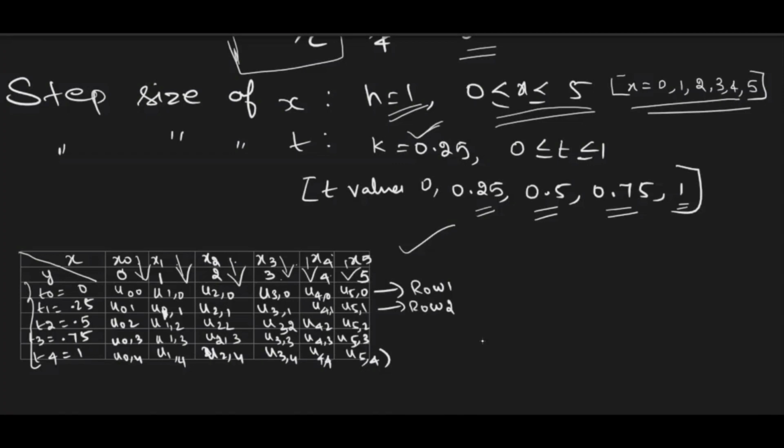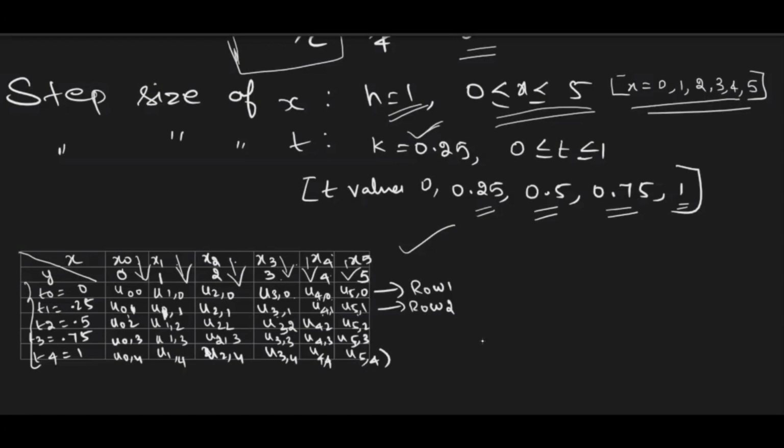Okay. So now like a matrix, in the first row if you take up, U0,0, then U1,0, that is first column, same row, second column, third column, fourth column, then U5,0. So this is row 1. Row 2 contains the second element 1. So U0,1, U1,1, U2,1, U3,1, U4,1, U5,1.